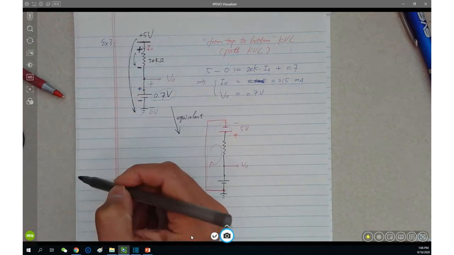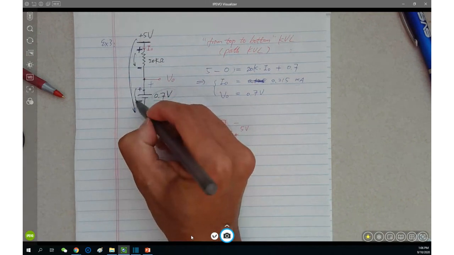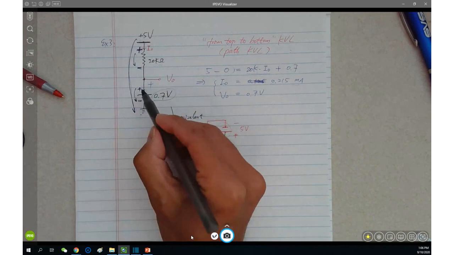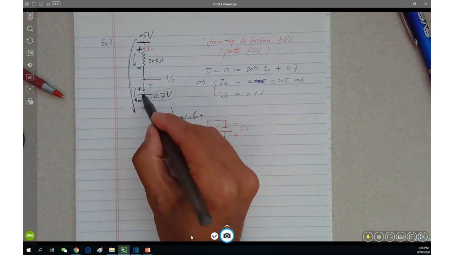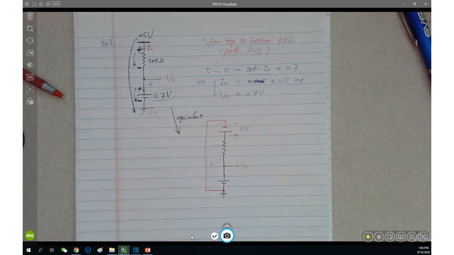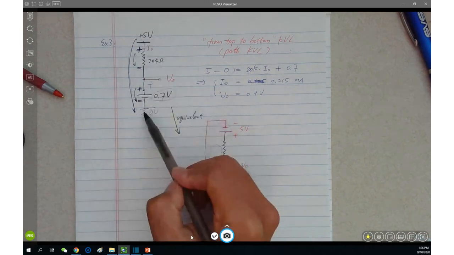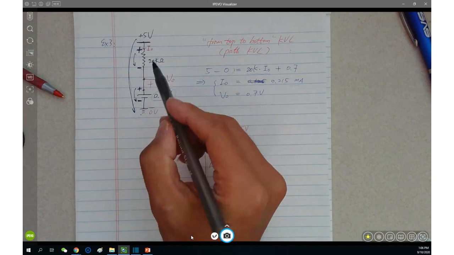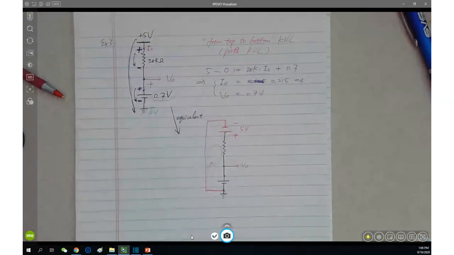Same thing here. We are talking about voltage drop in this way too, and luckily it is positive here, negative here, as given by this 0.7 volt DC voltage source. So 5 minus 0 equals the voltage this way plus the voltage this way as well.